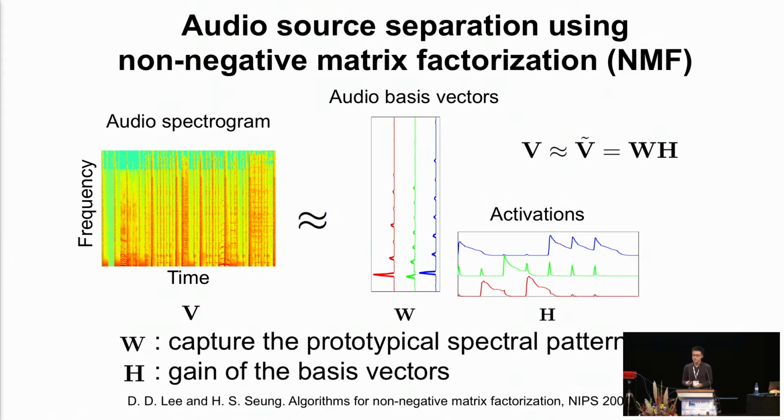Each column of W is referred to as a basis vector, and it captures the prototypical spectral patterns. And each row in H represents the gain of the corresponding basis vector. A subset of basis vectors and activations could then potentially be used to reconstruct each source. So NMF can be used to analyze the audio spectrogram and extract audio basis vectors.